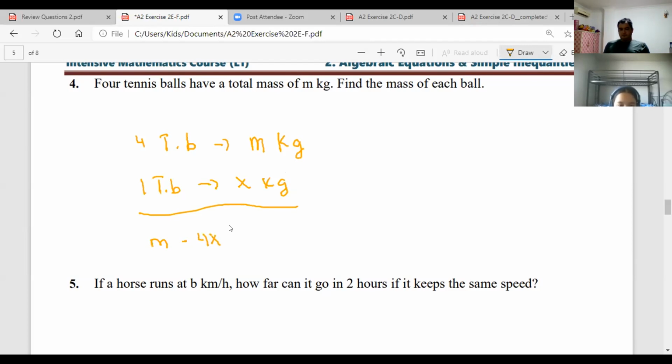So M equals 4x. So we find x. What is x? x equals M over 4 kg. Okay. Shahina, save it.